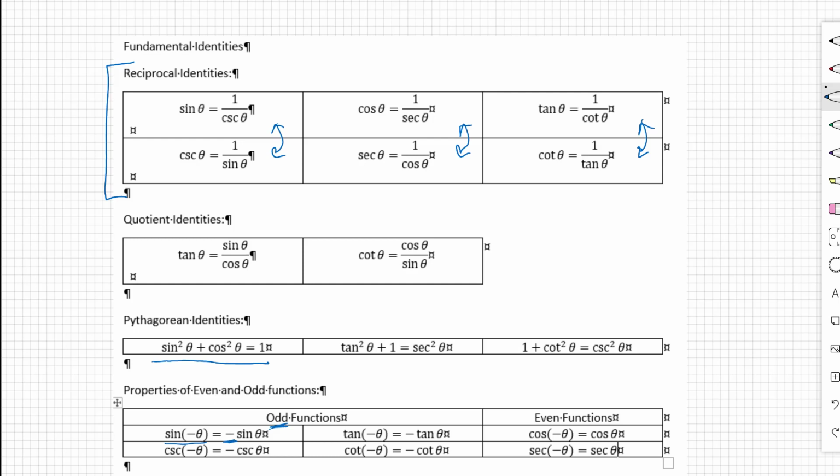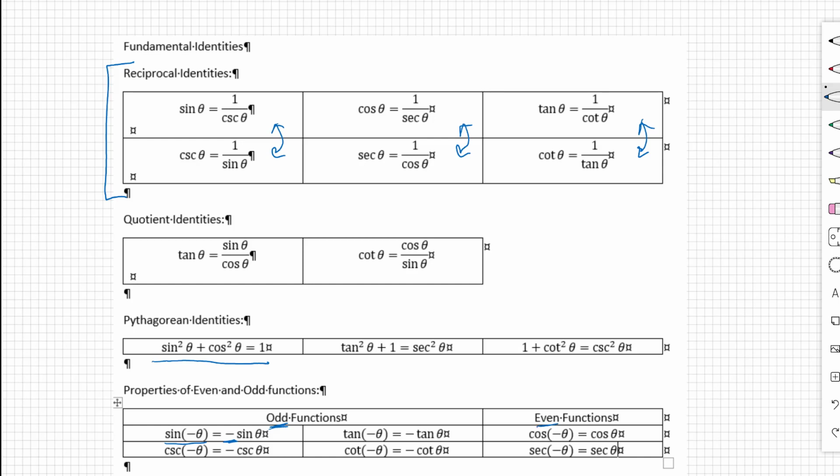So for example, if sine of something equals 1/2, sine of negative of that thing is going to be negative 1/2. And the same goes for tangent. Tangent of 45 degrees is 1, and so tangent of negative 45 degrees would be negative 1.